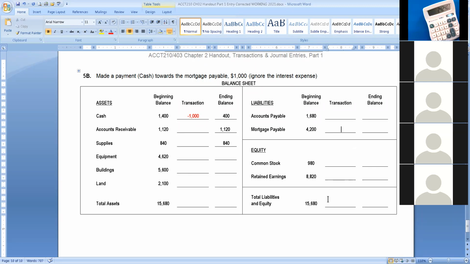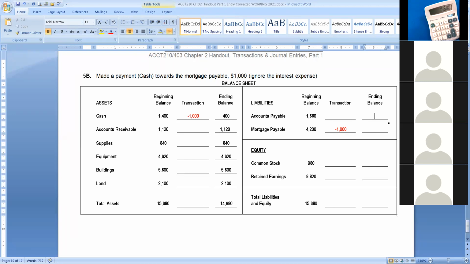Mortgage payable is going up or down? Down. Yep. Perfect. So we're paying off some of that mortgage. We don't owe as much on the mortgage. Okay. $680, that's what we'd expect it to be. 1,000 less than that one, right?